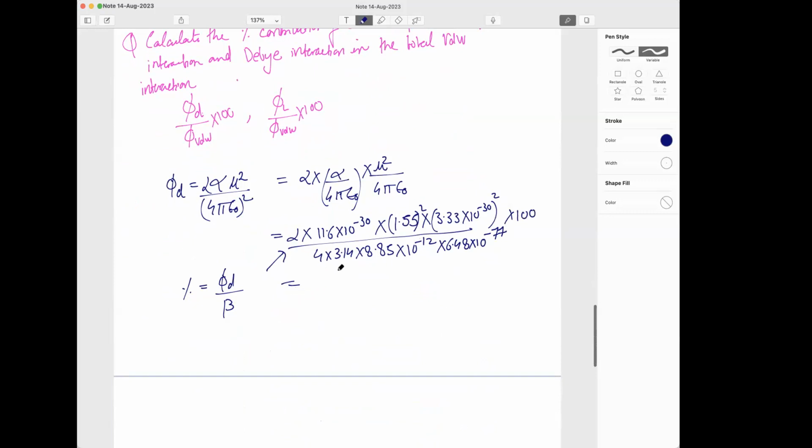So what are you getting? Without multiplying by 100, the answer was coming 0.080. Yeah, that is around 8.6%, I guess. How will it come? 100 means 80.2.